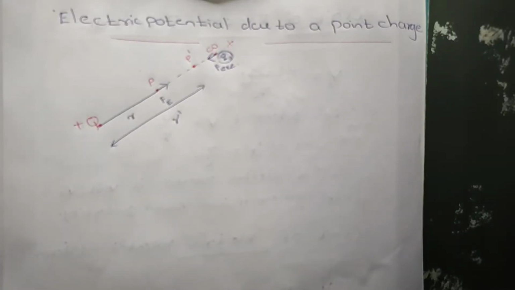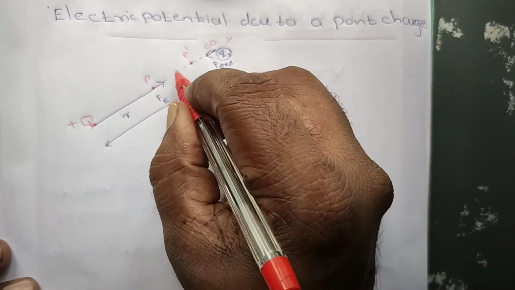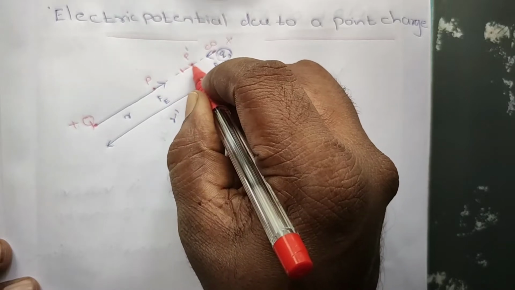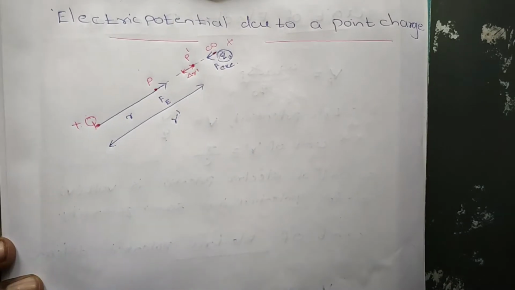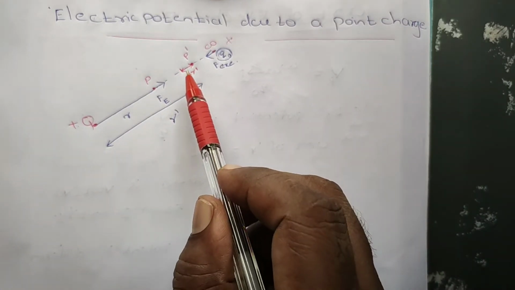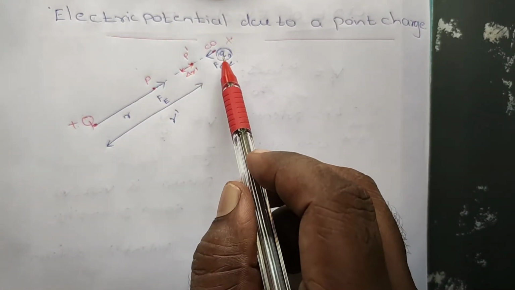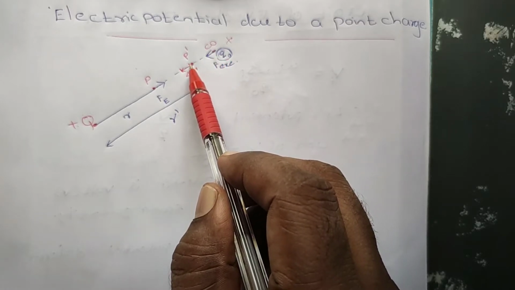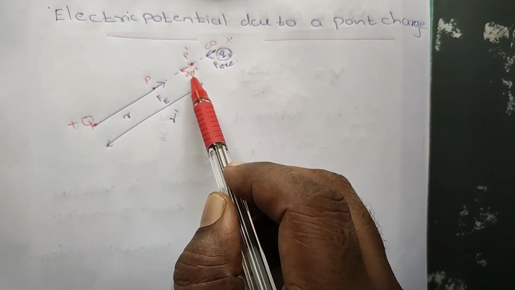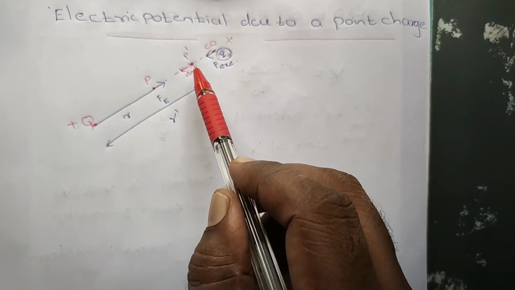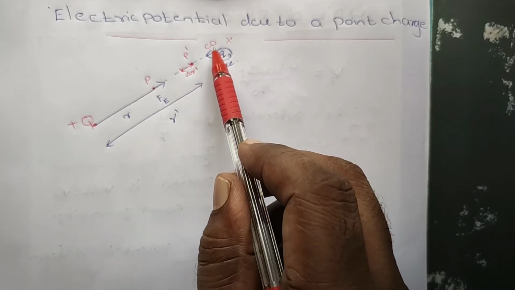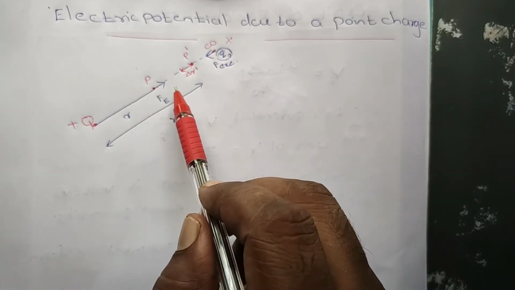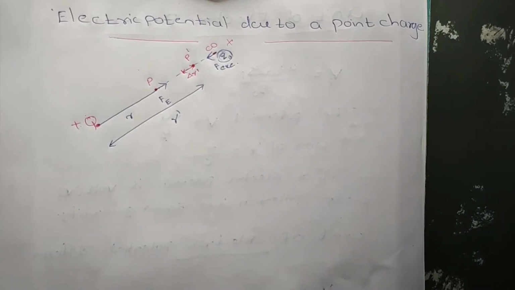From this P dash point, I am going to consider a small distance delta r dash. For bringing this Q naught charge from P dash through the small distance delta r dash, I am going to calculate how much the work done is. Then I will integrate from infinity to P, and I will get the total work done. So I am using that method for this calculation.